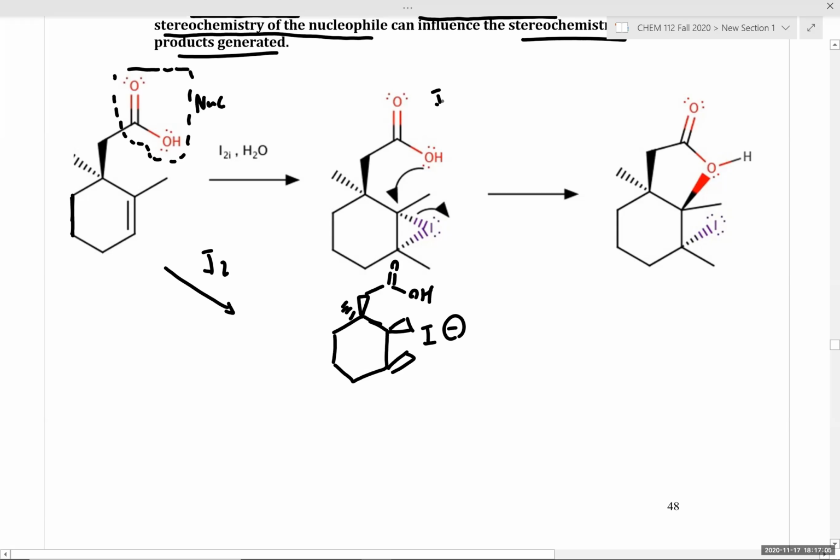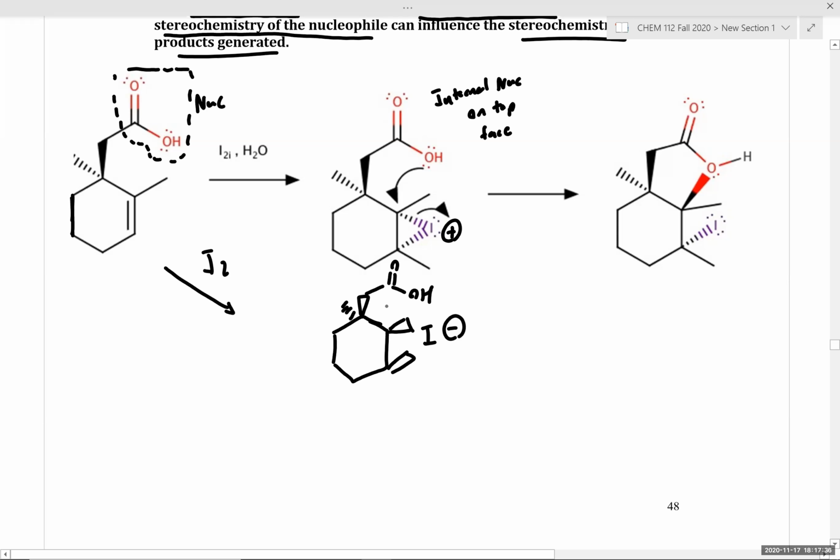So the internal nucleophile, now, because it's on the top face, in order for us to get an attack of our nucleophile on the opposite face to our halonium intermediate, which of these two halonium intermediates is more reactive? The top or bottom intermediate?